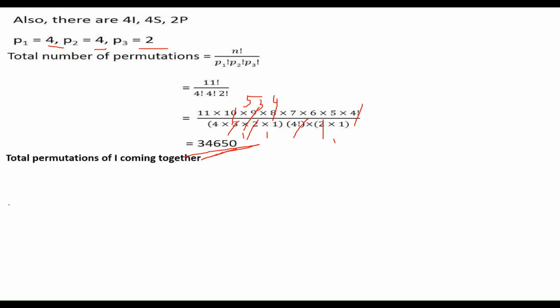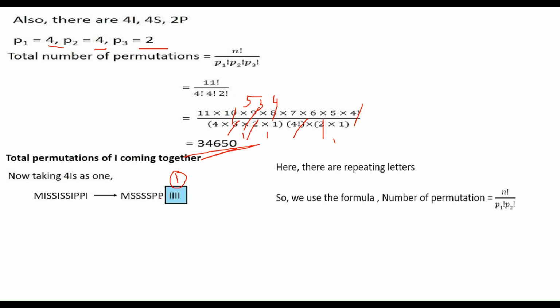Now we will find the total permutations of I's coming together. Taking the 4 I's as 1, so these are the 4 I's, we are assuming them as only one letter. Now the remaining letters are 1, 2, 3, 4, 5, 6, 7.